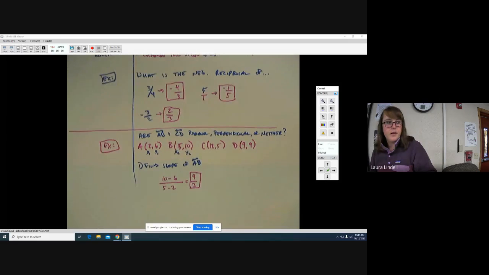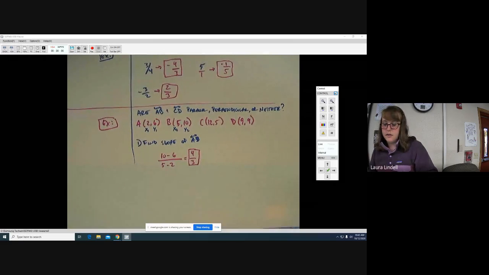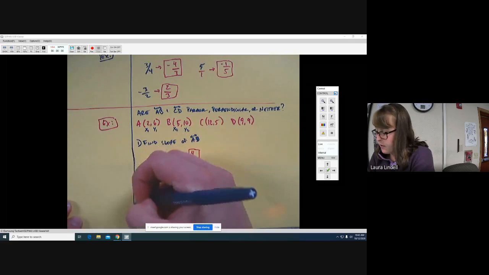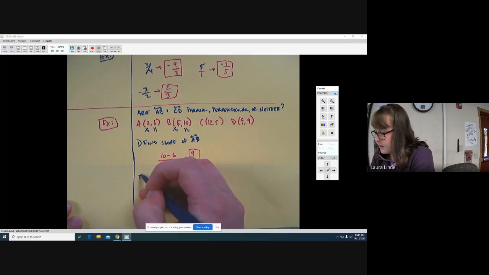Okay. Step 2, find the slope of CD. If you feel comfortable doing that already, go ahead, find the slope of CD.